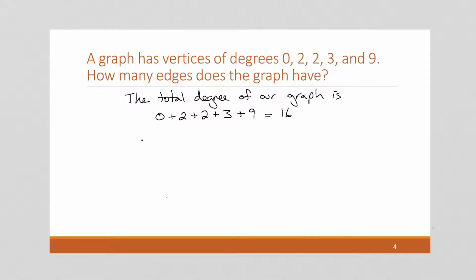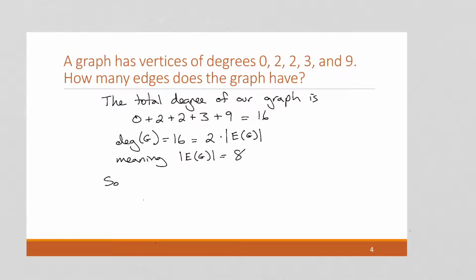And so the degree of our graph G is equal to 16, which is equal to 2 times the number of edges in G, which means that the number of edges in G is equal to 8. So there are 8 edges in the graph.